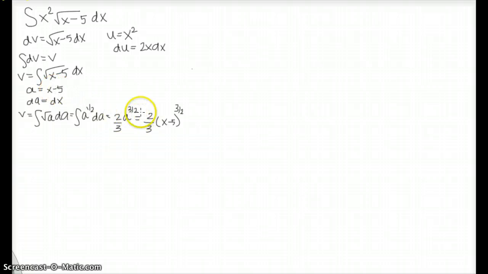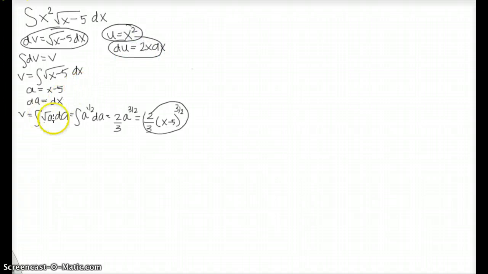Alright, so now we've identified our v, we've identified our dv, we've identified our u, and we've identified our du. So when we do integration by parts, the formula that we want to use is u times v minus the integral of v du. So we want to go ahead and plug in all these parts into this formula here.